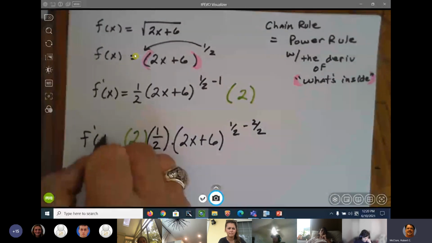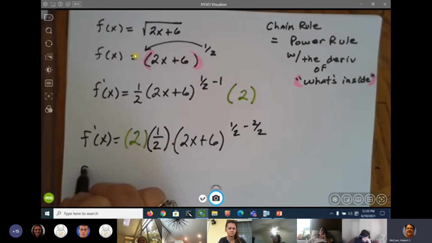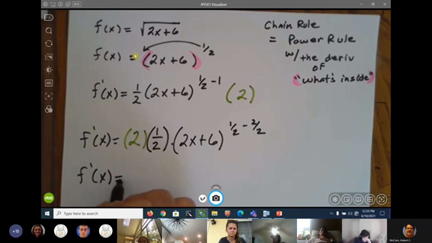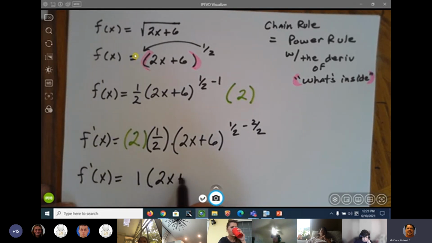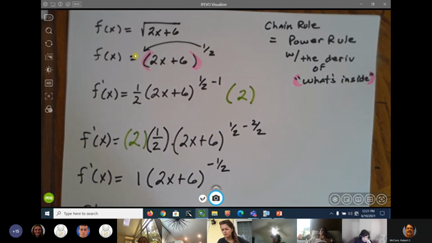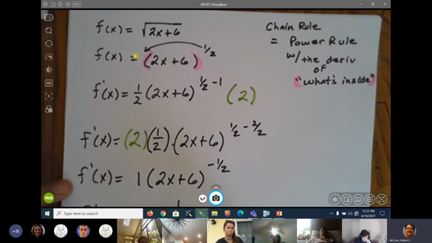And f prime of x, the final answer, is equal to (2x plus 6) to the negative 1/2, which is basically 1 over the square root of 2x plus 6.